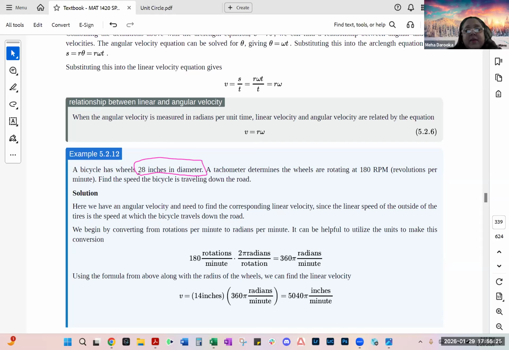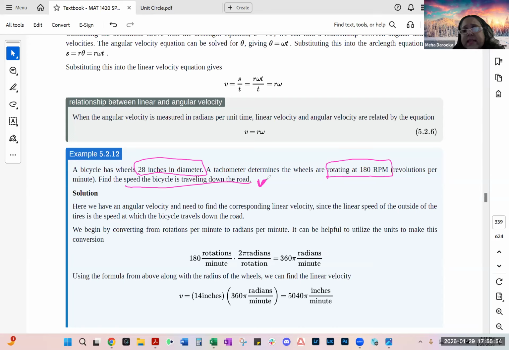We've got a tachometer, which determines the wheels are rotating at 180 RPMs, revolutions per minute. And they're asking us to find the speed the bicycle is traveling down the road. If they're asking for the speed the bicycle is traveling, then we are finding the linear velocity, the v value.